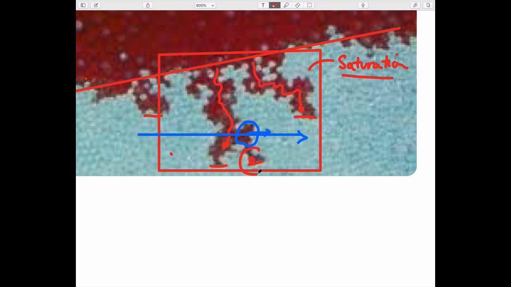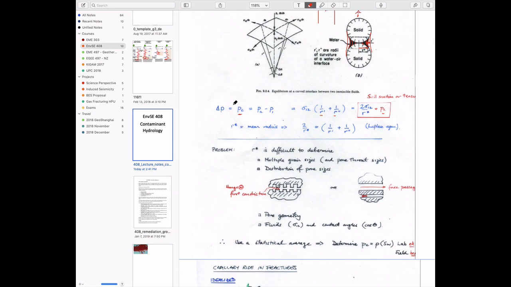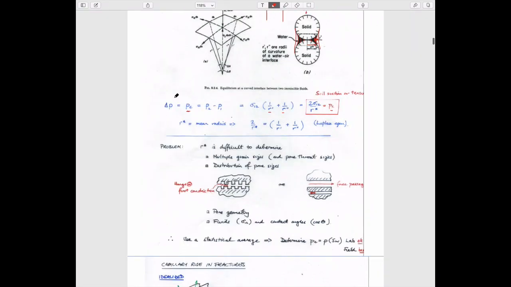If you take an REV which is here, maybe it's 25% filled with red fluid, maybe 10%, and 90% filled with water. And so we'd like to know what these pressures are that we have to overcome to be able to invade this porous medium at different saturations, different measures of filling the pore space with a particular fluid, the red fluid, which is what we're interested in. And so I guess the bottom line is that both of those geometries that we looked at are a little bit complementary. They're idealized, but they're both complementary in being able to describe our system.